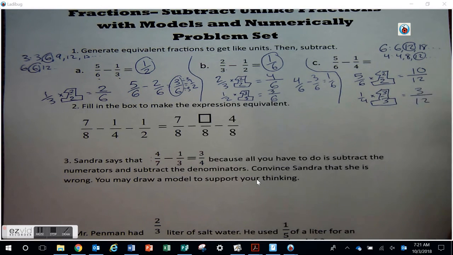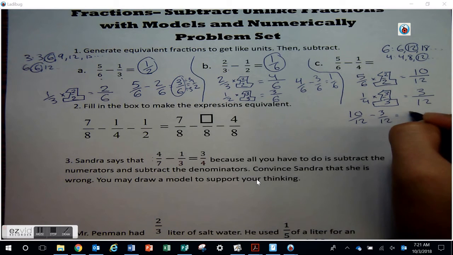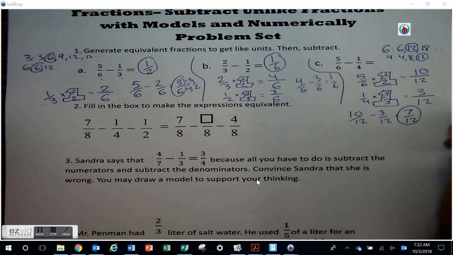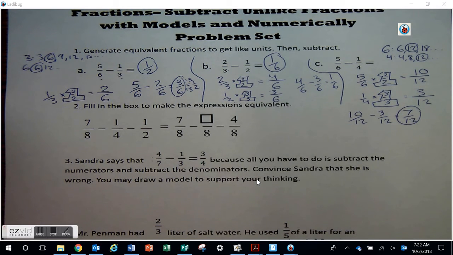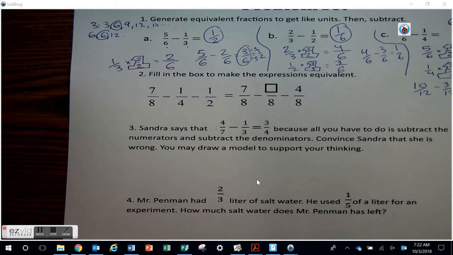So now I have 10 twelfths minus 3 twelfths, which gives me 7 twelfths. Once we have a common denominator, we can simply subtract or add the numerators.